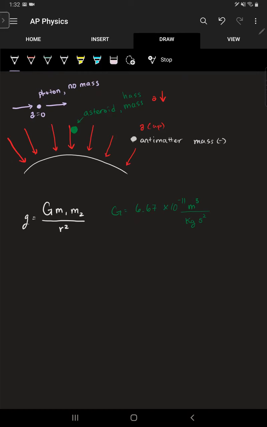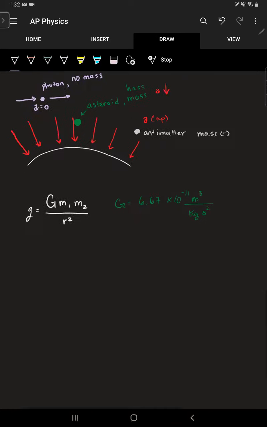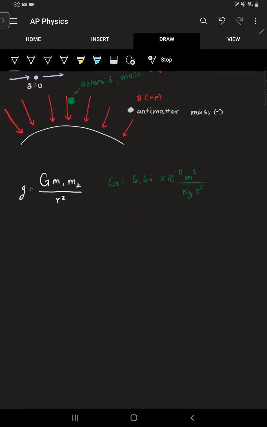Well, think about it this way. The Earth's mass is so large that the gravitational acceleration equals 10 meters per second squared, regardless of whatever is attracting on the surface.